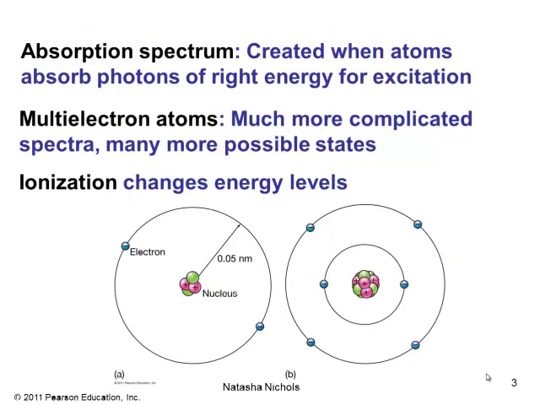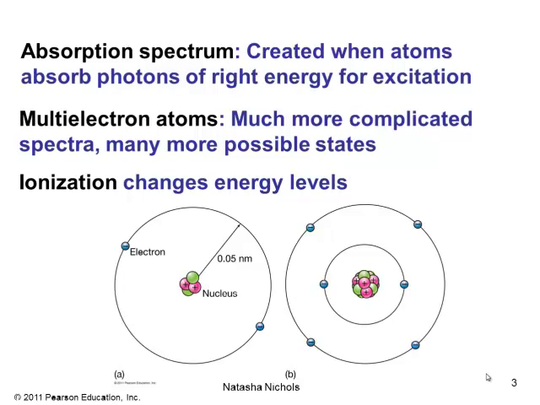So we can have the absorption spectrum when atoms, the electrons within those atoms, absorb photons of the right amount of energy, the right quanta, in order to be excited to higher orbits, to higher states. Now, that was the simplest scenario using a hydrogen atom, but of course we could have atoms that have lots of electrons.